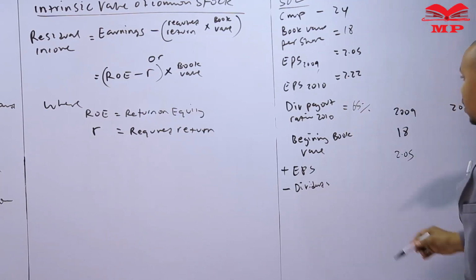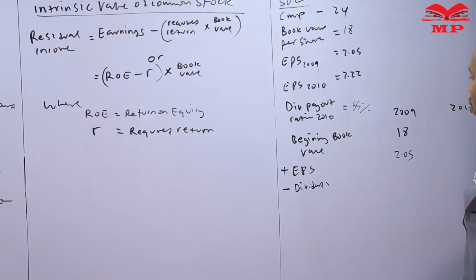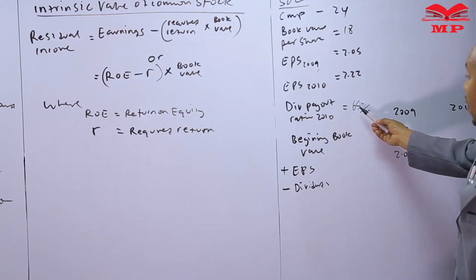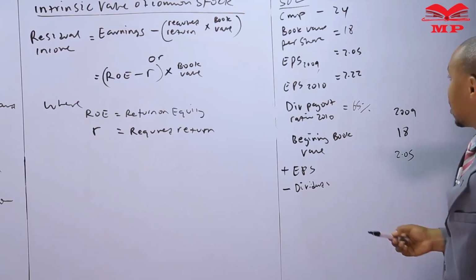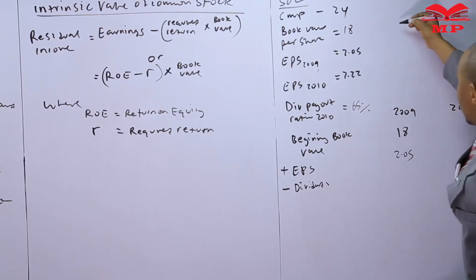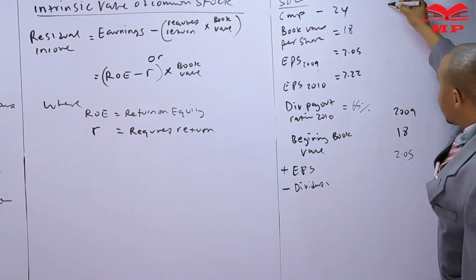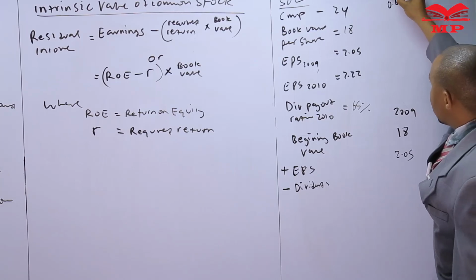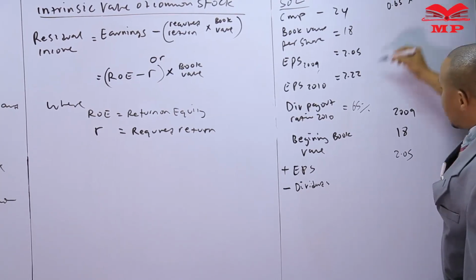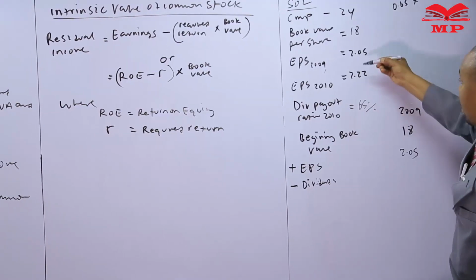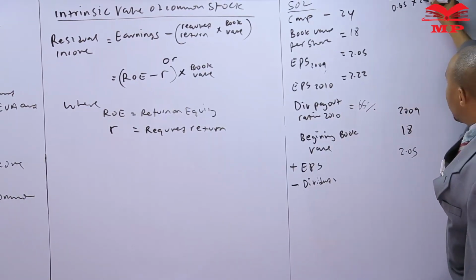For the dividends, we have the dividend payout ratio of 65%, and the 65% should be applied onto the earnings of that year. So a small note over here: this is for 2009, 0.65 multiplied by the earnings of that year, 2.05.